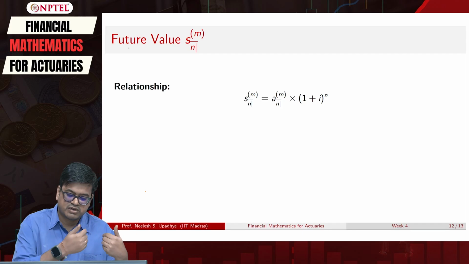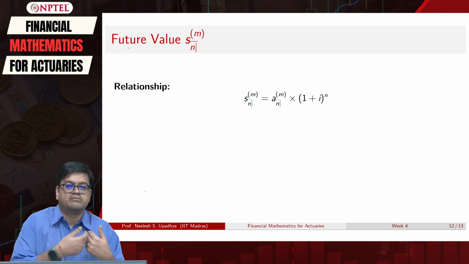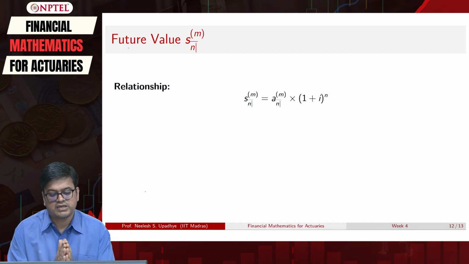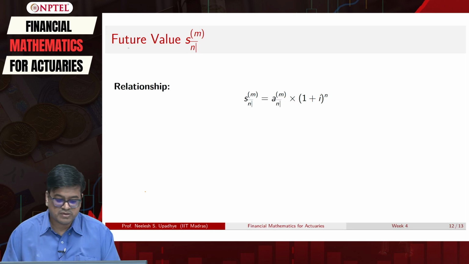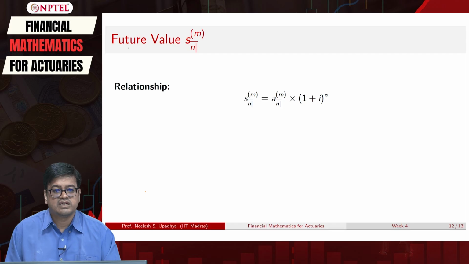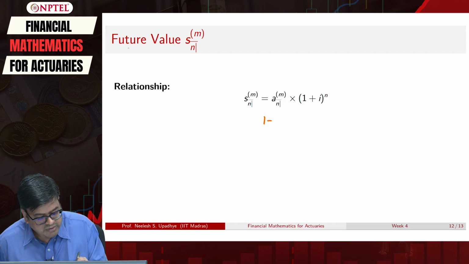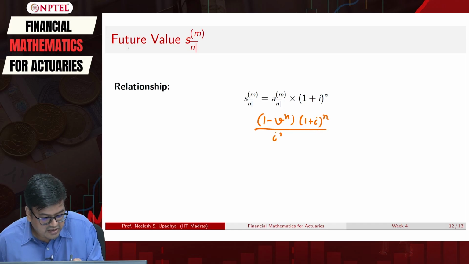that this is nothing but shifting by n time periods forward, right? So when I am shifting by n time periods forward, it will be multiplied by 1 plus I raised to n, nothing else, correct. So now when I multiply this with 1 plus I raised to n, you can also deliberate on this: A n m was 1 minus v raised to n into 1 plus I raised to n upon I m.